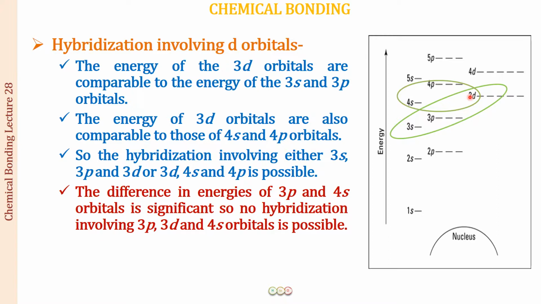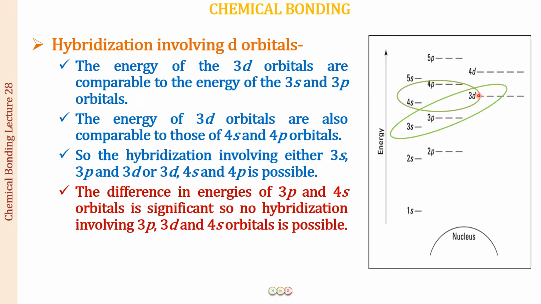Okay, so sp3 and the d orbitals, they can be 1, 2, 3 in number. So according to that, we will be having sp3d type of hybridization, sp3d2 type of hybridization, sp3d3 type of hybridization.